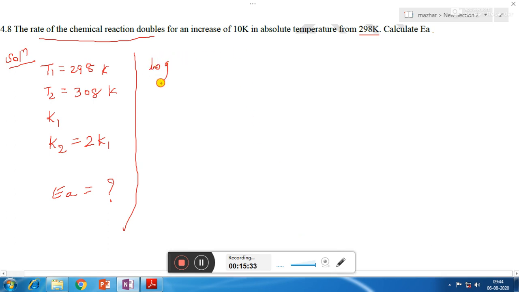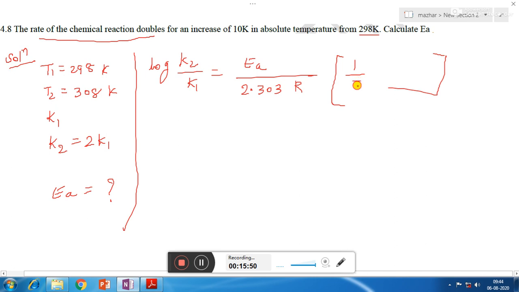log of K2 upon K1 is equal to Ea upon 2.303 R, then in the square bracket we are having the difference of 1 upon T1 minus 1 upon T2.